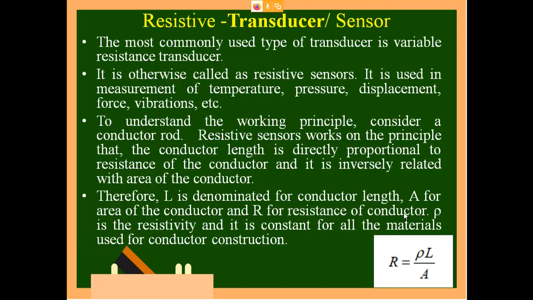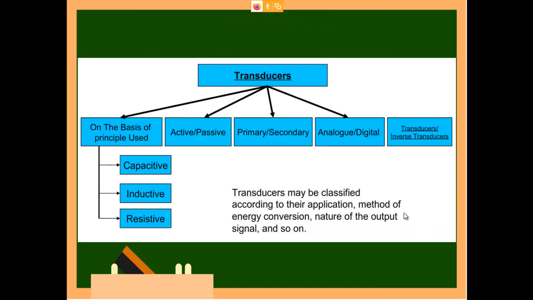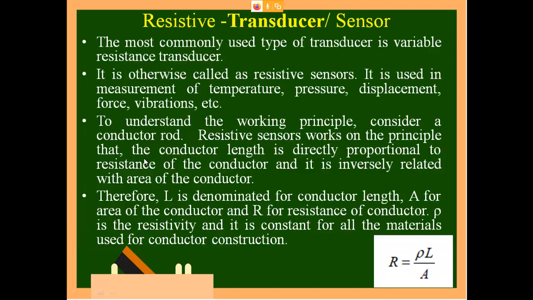So for today, let us start with the resistive transducer. This is the first one. First we have resistive, then inductive, capacitive, based upon the principle of operation. When you say resistive transducer, we all know you have a long wire. If the length of this wire is changing, then obviously the resistance will change.